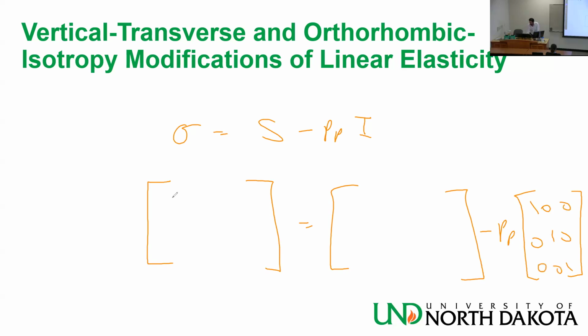And then you have sigma 1 1, sigma 1 2, sigma 1 3, sigma 2 1, sigma 2 2, sigma 2 3, sigma 3 1, sigma 3 2, sigma 3 3, and then you have the same basically.